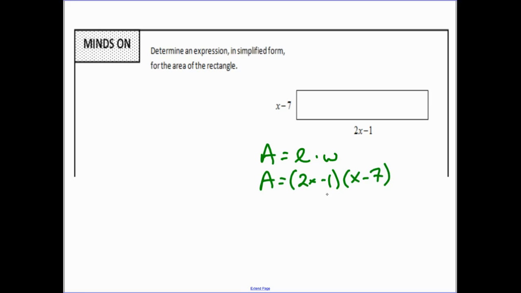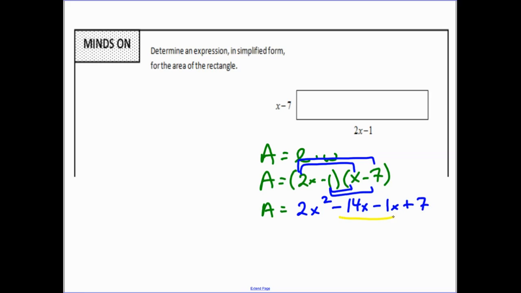Of course, now we have a binomial times a binomial, and we're going to do FOIL. So 2 times x is 2x squared. 2 times negative 7 is negative 14x. Negative 1 times x is negative 1x. Negative 1 times negative 7 is a positive 7.